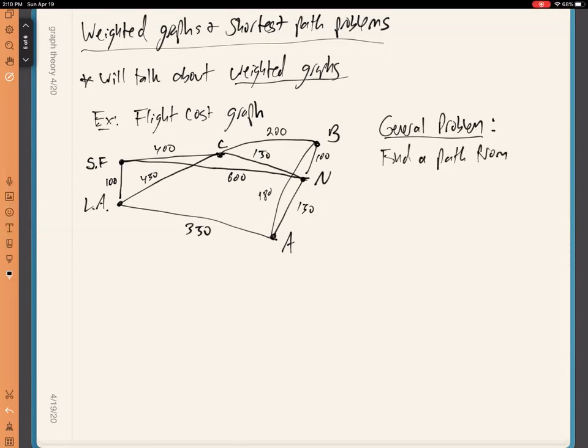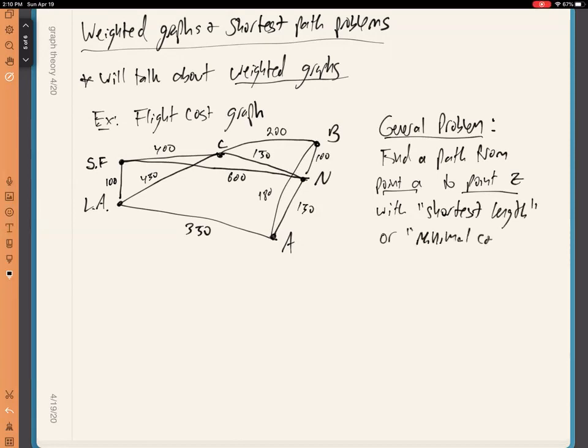So I want to find a path from vertex A to vertex Z with shortest length or minimal cost. Right? And so how do we measure the length or the cost of a path? Well, you just add up the numbers associated to the edges that you travel, right?